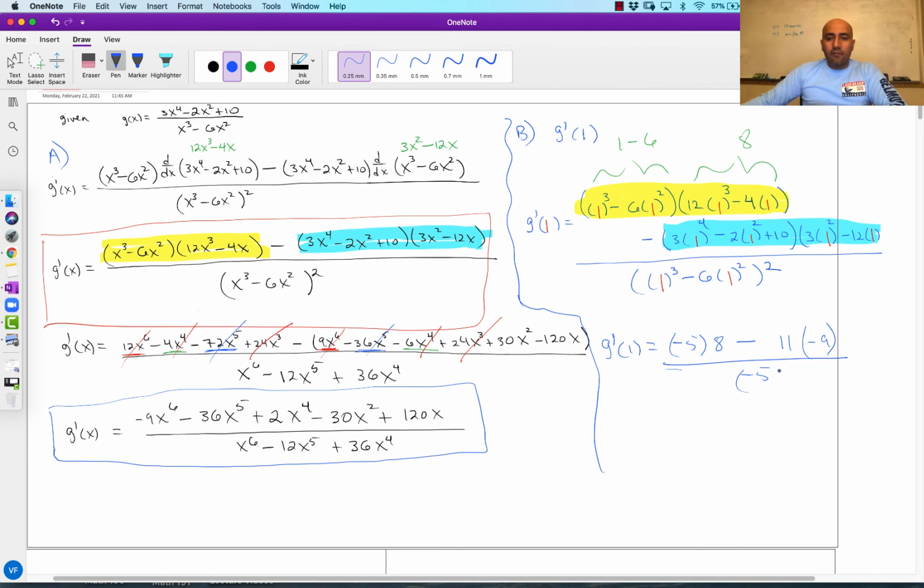Negative 5 squared. Okay, so this g prime of 1 is equal to negative 40 plus 99 divided by 25, which gives you g prime of 1 is equal to positive 59 divided by 25.